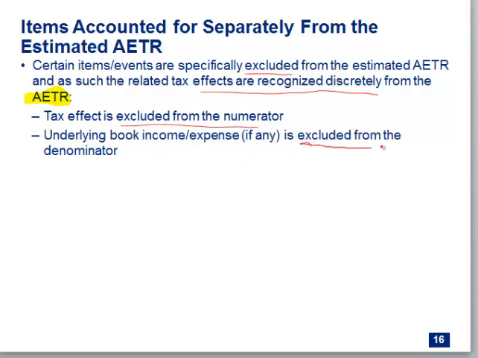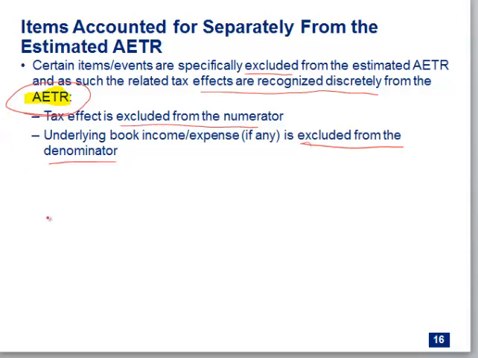And you also exclude that income from the denominator. So when you're doing your AETR, because you still need to do that, just like in the last problem we went through, you do that whole exercise, basically excluding the effects of that event.